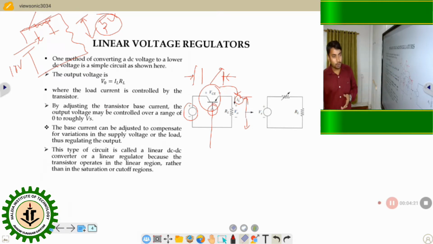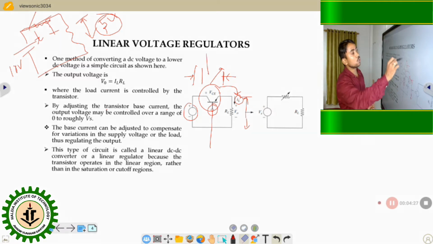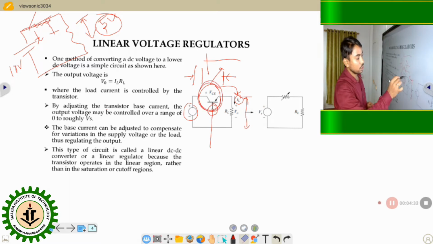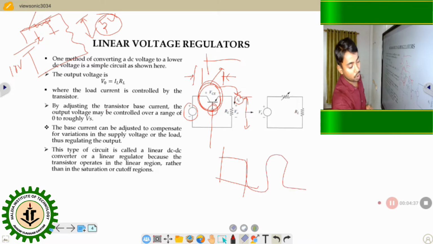We reduce this loss and improve our efficiency by using a switch mode DC-DC converter. Switch mode means we use a component or switch which operates only on and off, that is, in the cutoff and saturation regions, with no active region.